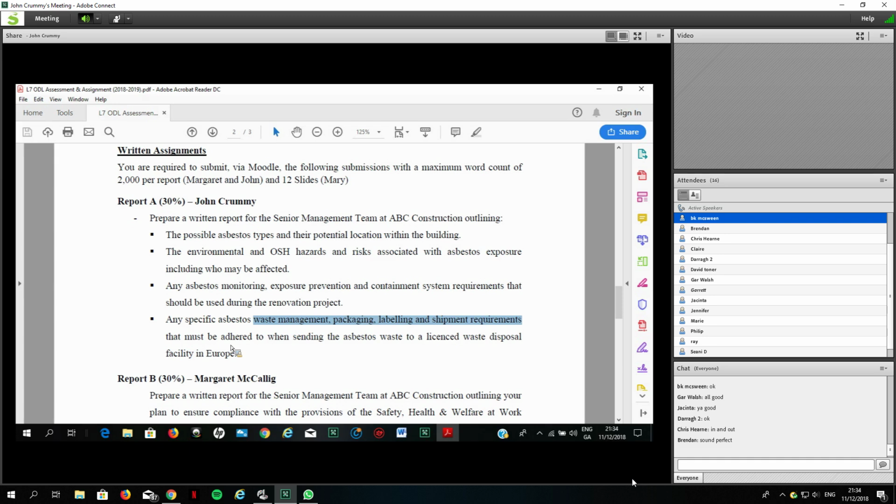The labelling then, asbestos containing materials waste would also have special labels attached to them as well. And there should be ADR labels attached to the packaging in compliance with the shipment requirements under ADR, which includes the UN numbers for the waste as well.